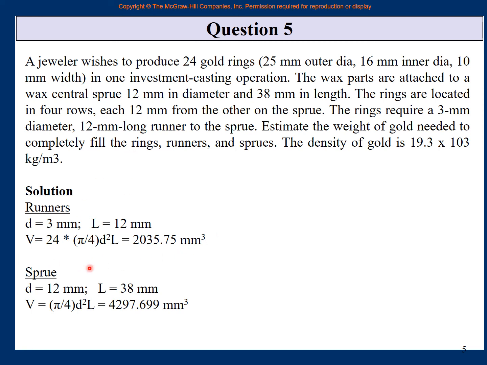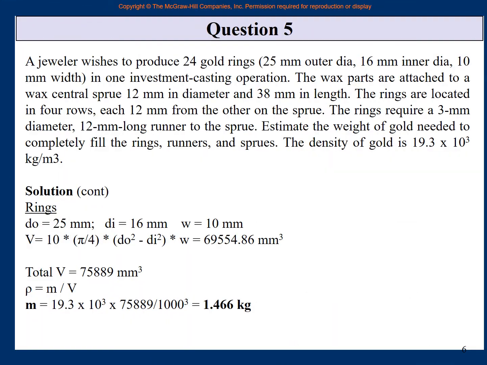Sprue. Dia 12, length 38, and there is just one sprue. So pi by 4 d squared L, put the value, and you have this much millimeter cube. Rings now. For rings, dia 25 outside dia, inside dia, width is given.